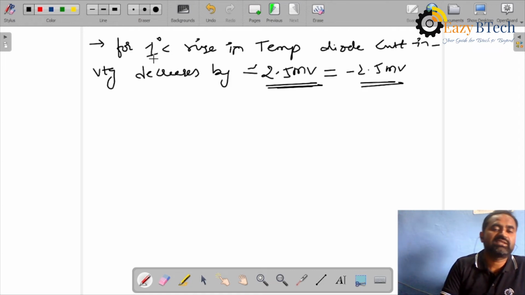For 1 degree rise in temperature, the cut-in voltage of the diode decreases by 2.5 millivolts.